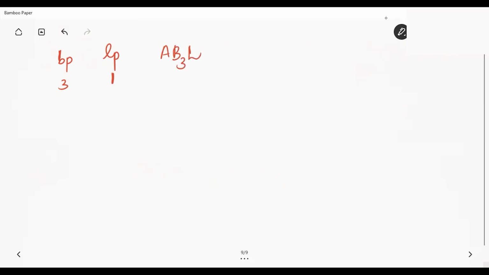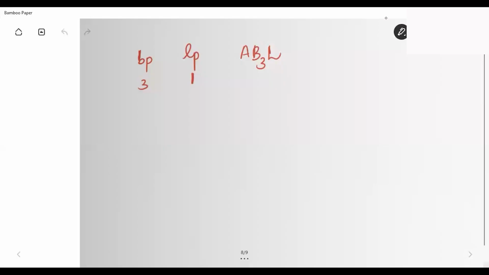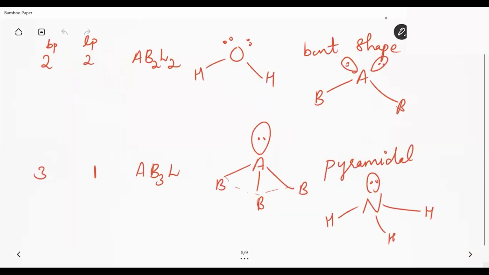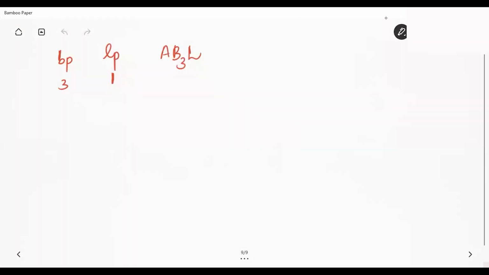What will be the structure of AB3L? It is 3 bond pairs and 1 lone pair. We already mentioned that. Then next is 3 bond pairs and 2 lone pairs, AB3L2.